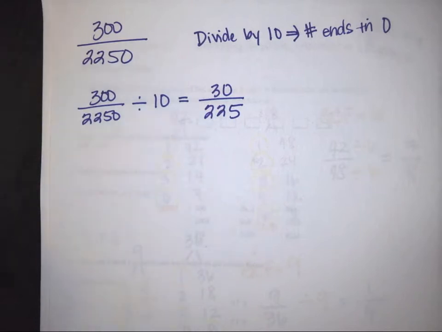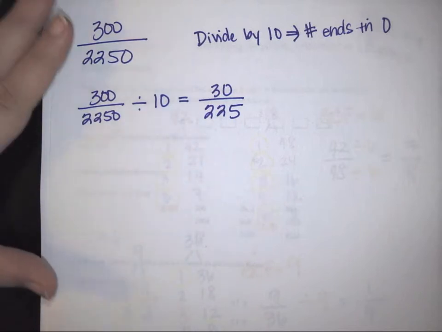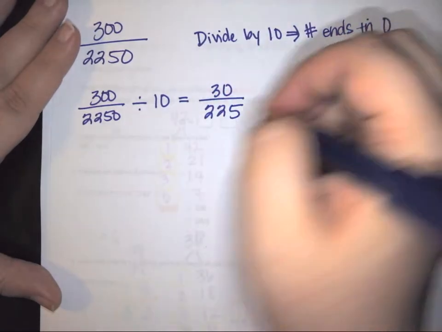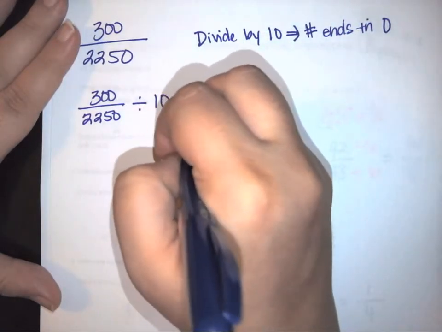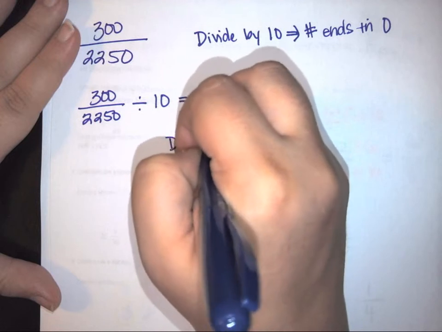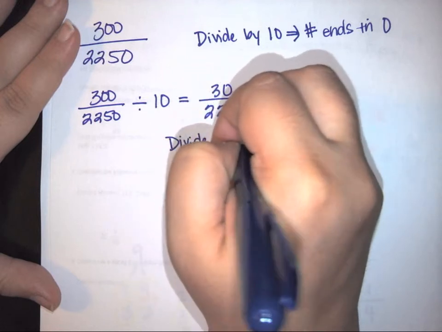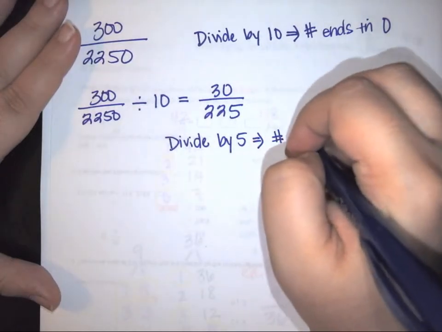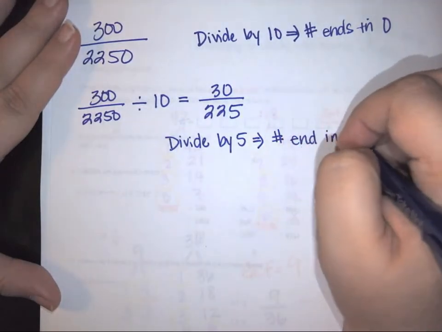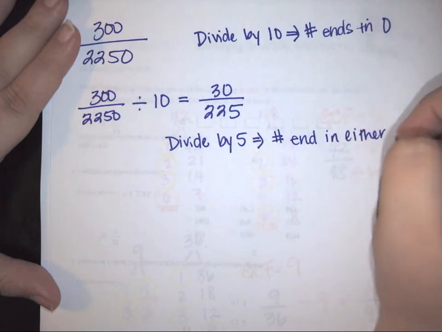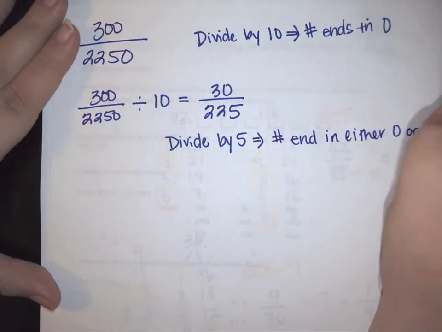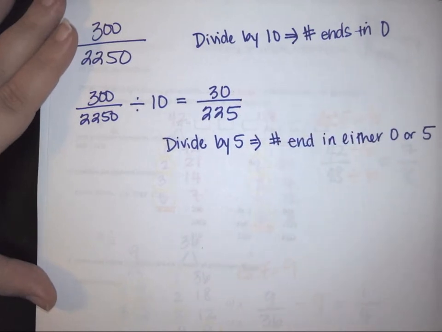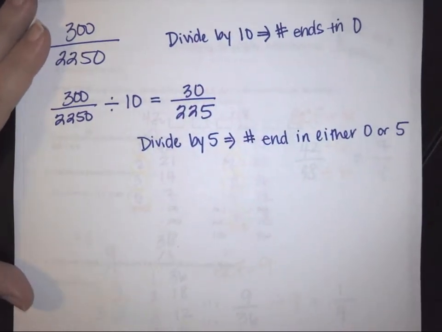So again, I'm going to take a look at it. Now I have a test that covers this. If you remember, a test for divisibility, if we want to divide by 5, we have a rule. And that rule says the number has to end in either 0 or 5. Well, in this case, I have a 0, I have a 5, so I can use my divisibility test.